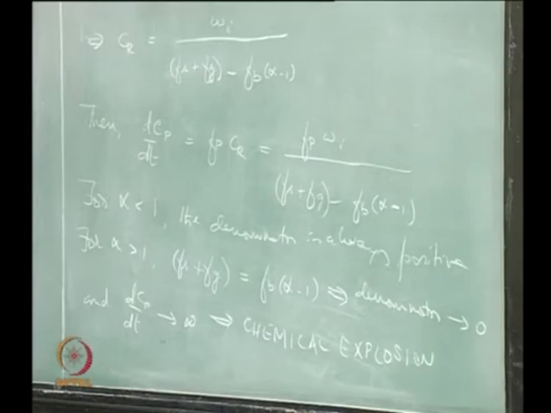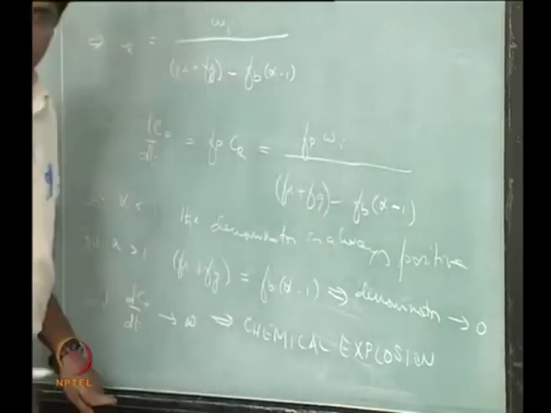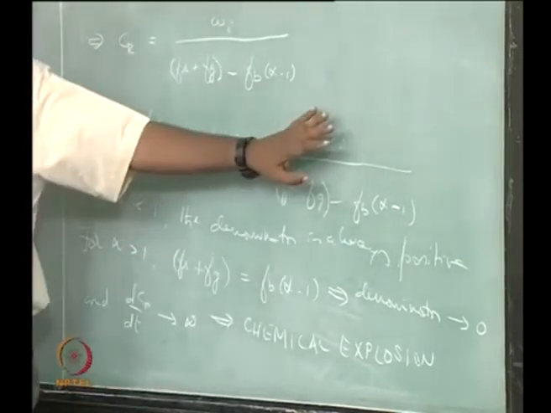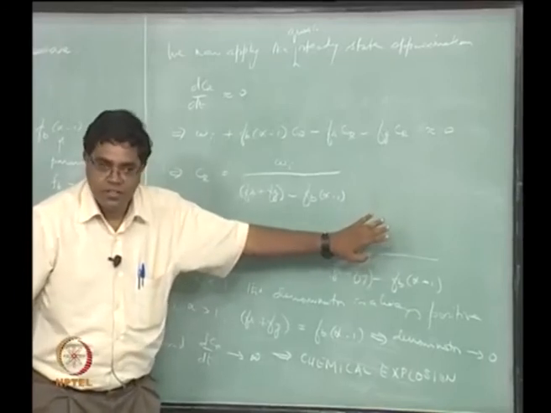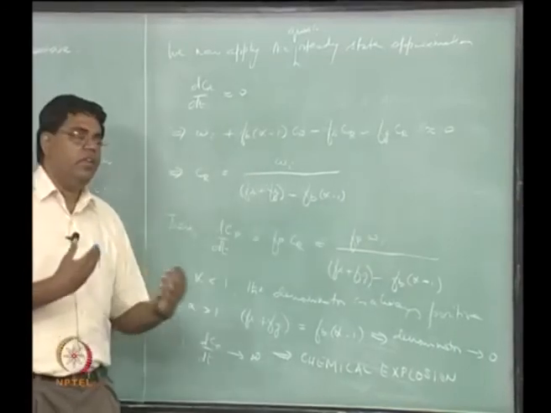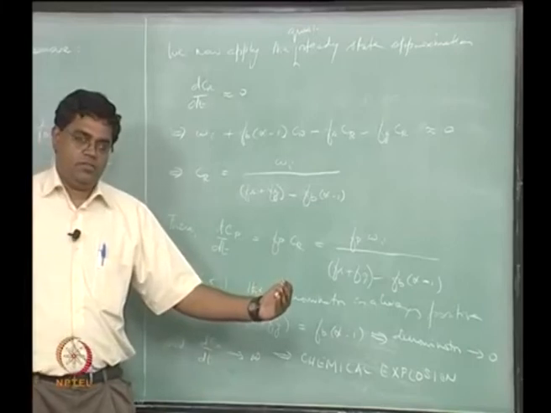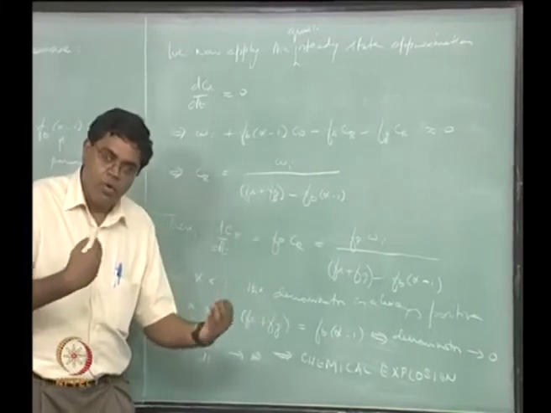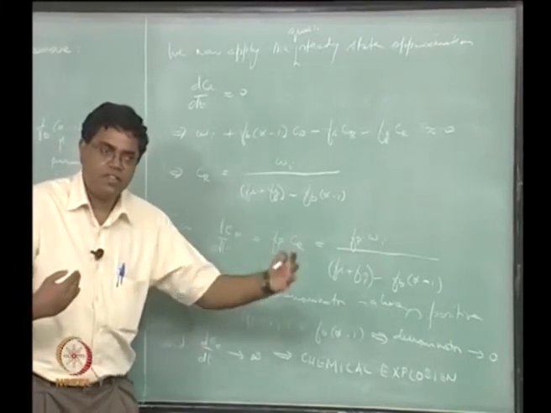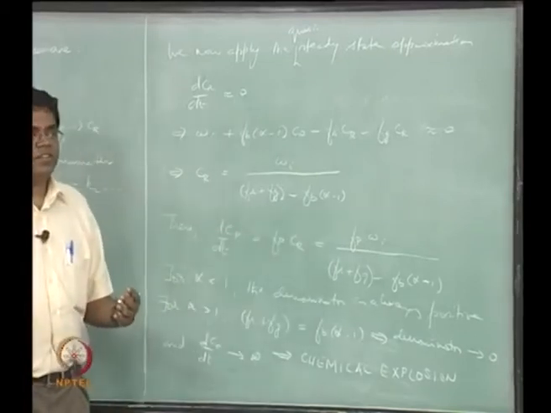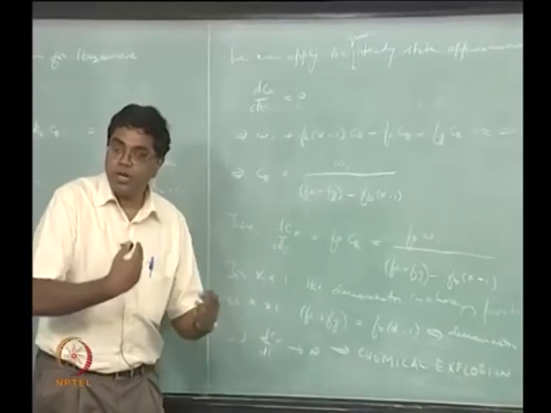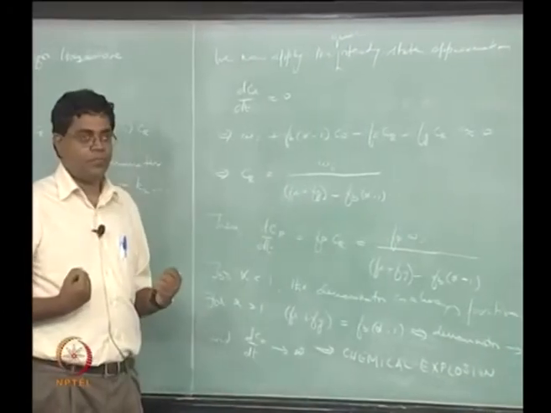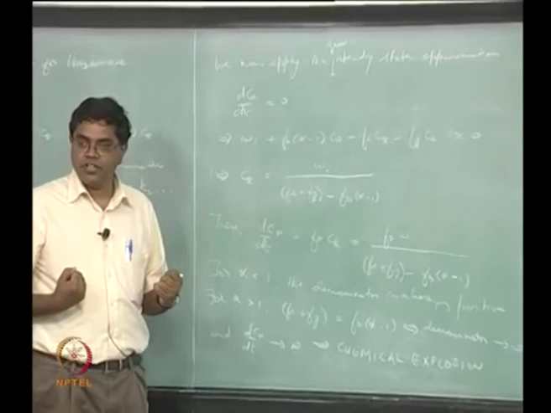It is basically saying that once you have produced your intermediates, at whatever finite non-zero rate, so long as the intermediates are producing themselves more and more and consuming themselves at the surface or in the gas phase in such a way that the rate of the production matches the rate of the consumption, right?